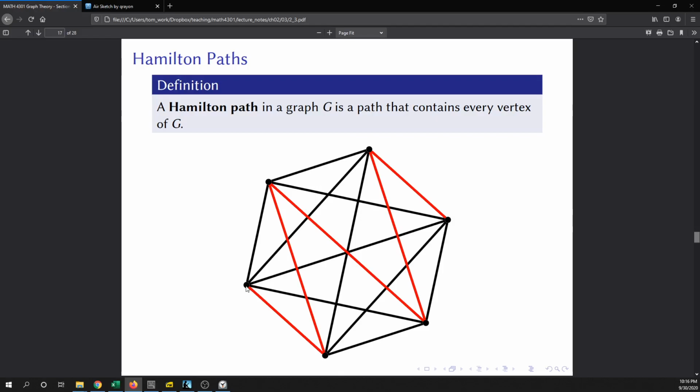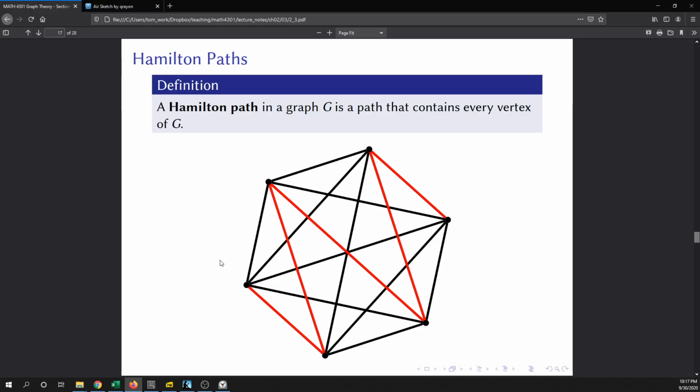If you try to go to another vertex, well, that vertex has already been visited, and as soon as you do that, you make a cycle in the graph of the red edges here, and therefore it is not a path any longer. So it's a path that you can't make any longer. It's the longest path in the graph itself, if it has a Hamilton path. So if you have a Hamilton path, it will be the longest path in there.